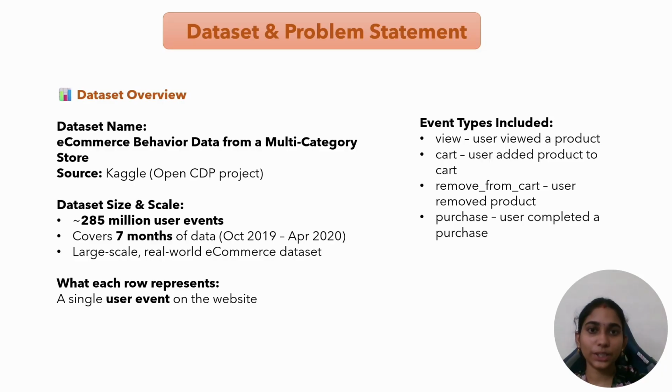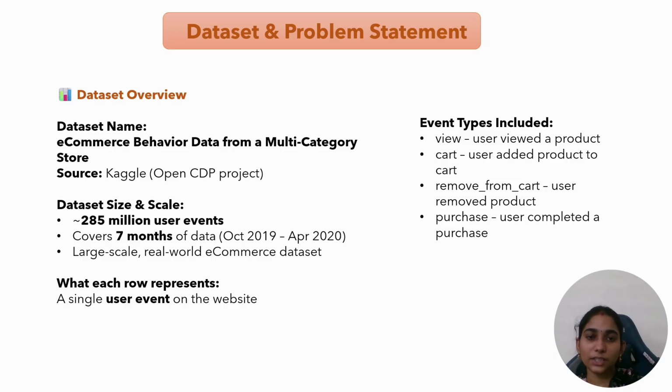For this project, I used a real-world e-commerce behavior dataset from Kaggle, originally created as part of the OpenCDP project. The dataset contains around 285 million user events collected over 7 months from October 2019 to April 2020.